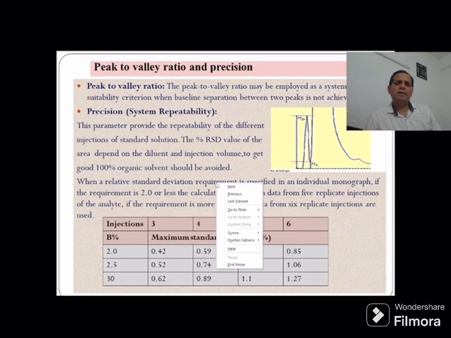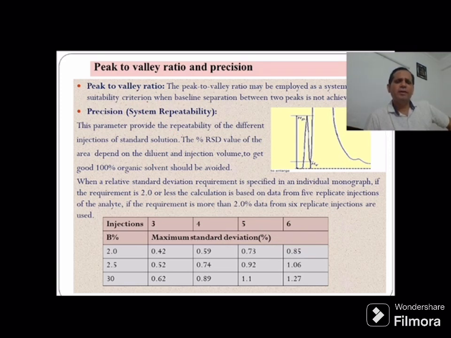So here the next parameter is the peak to valley ratio. When two peaks are not well separated from each other, base to baseline, at that time we can use the peak to valley ratio to check the separation between the two peaks.